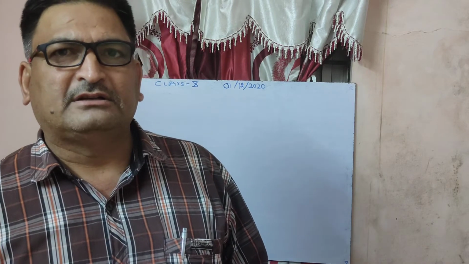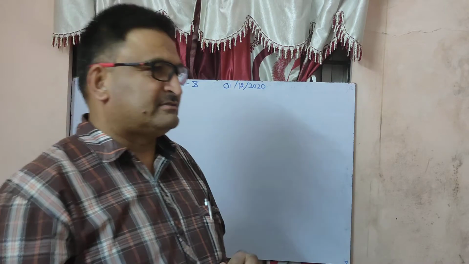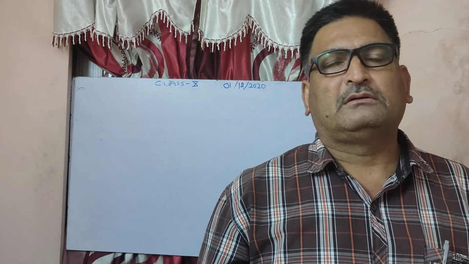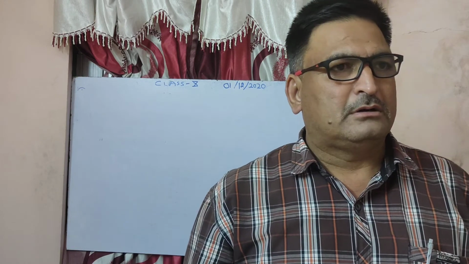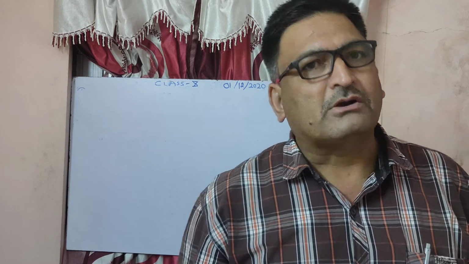Carl Lewis said, "Sir, there are three important factors that helped me win the Olympic golds." So, what are those? He said, the first important thing is hard work. Okay, very good.